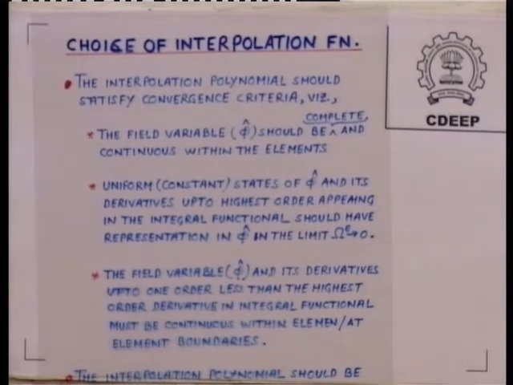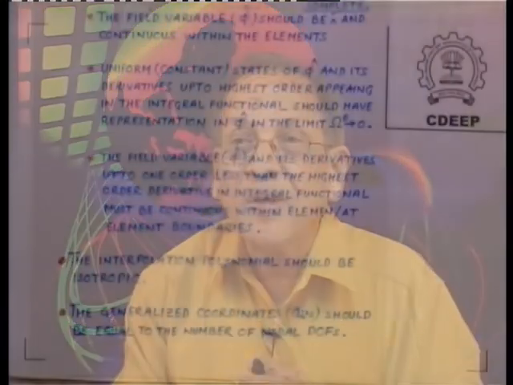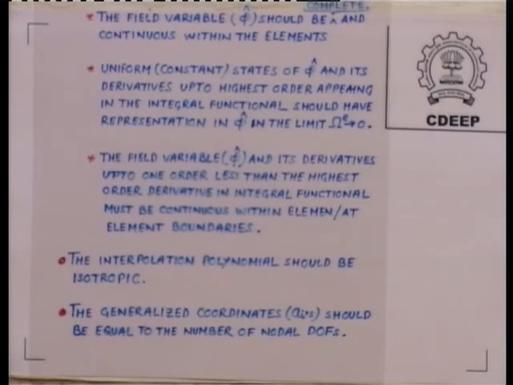Constant state of what? First derivative. Strain is given by first derivative, du by dx. So, if u is linear, it will be constant state. So, that is a criterion. Your CST element meets this criterion without difficulty.